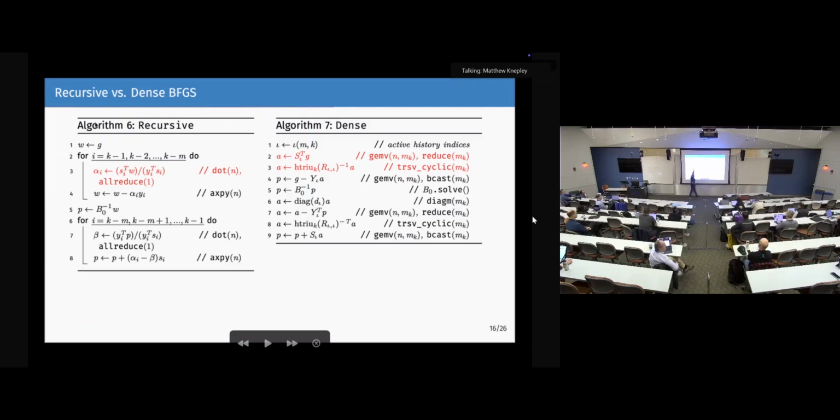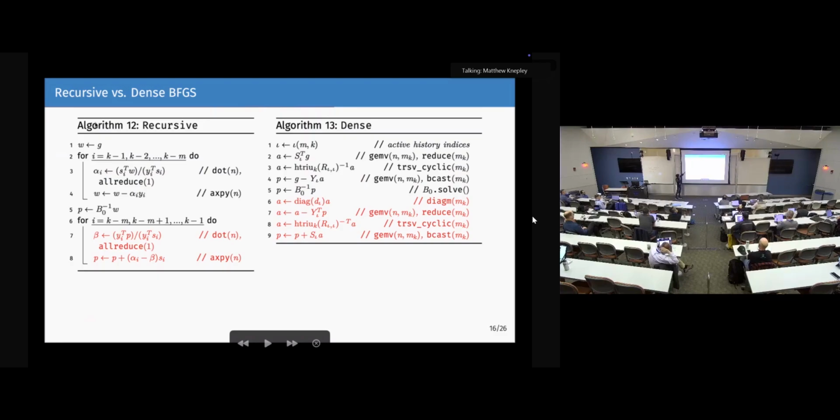The dot product turned into GEMV, and this Y^T S is turned into a triangular solve in historical order. So that'll be one GEMV and then two triangular solves. Then this XP is turned into GEMV. And the B0 solve doesn't change. In the recursive case, like I said before, this guy will be cached. But you can't do that here because you have to solve it again, because of how it works out.